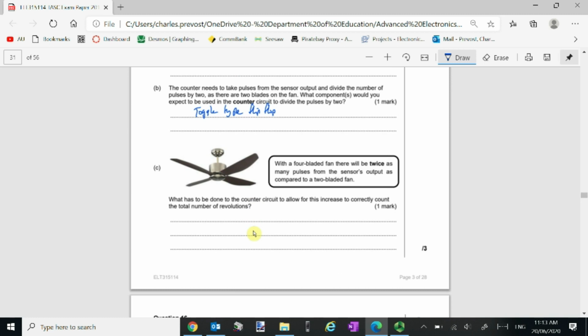Now if we've got 4 blades on the fan instead of 2, we could add a 2-stage toggle flip-flop. Here it would require 4 pulses on the input to give 1 pulse on the output.